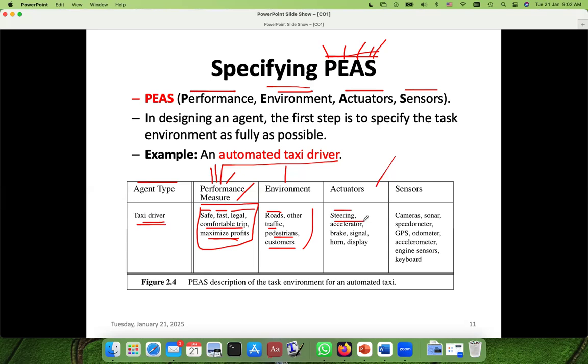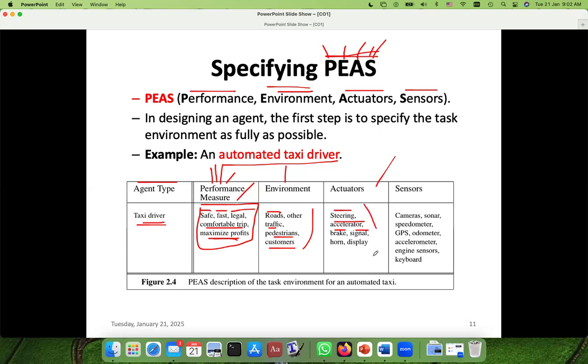Accelerator, for giving the race. So accelerator through which you can increase the speed of your vehicle. So that is also you can perform action on the environment. So accelerator, brake, signal, and then horn, and then display screen in your vehicle or in this taxi.